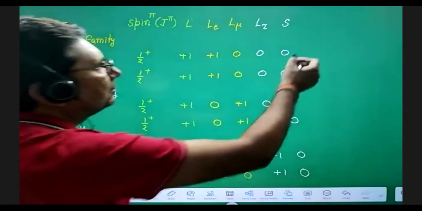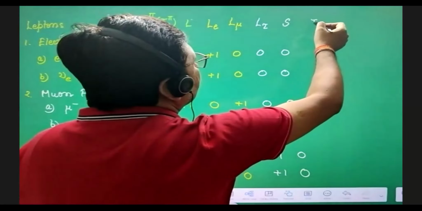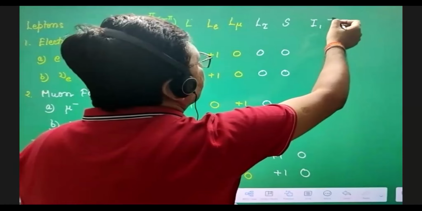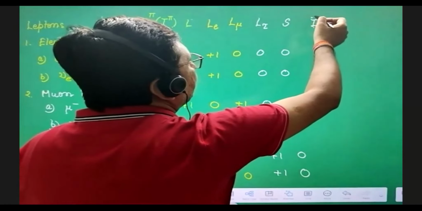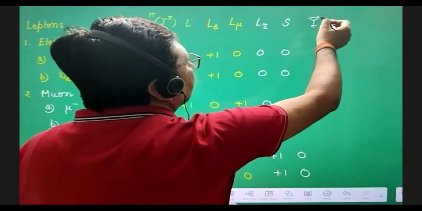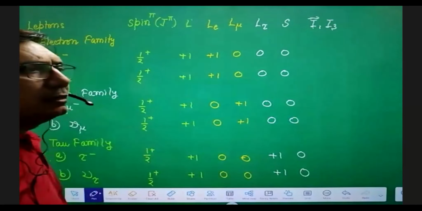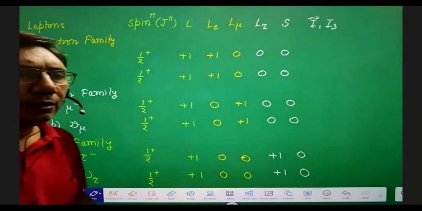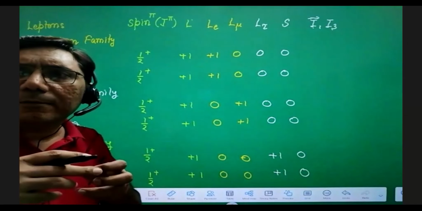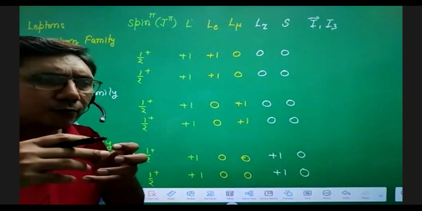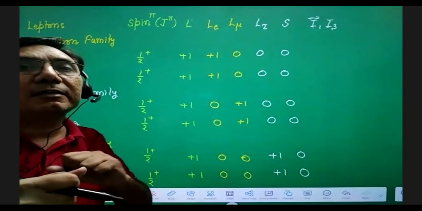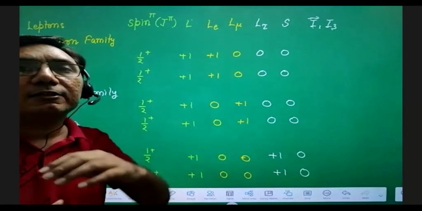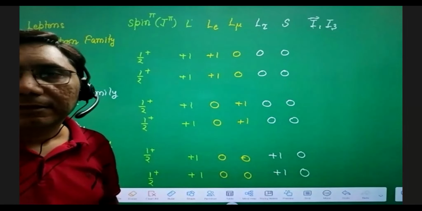There was another number, I and I3, the isospin numbers. This is called the isospin number, and this is called the I3 number. These numbers were introduced for particles which behave very differently in electromagnetic interaction and strong interaction.